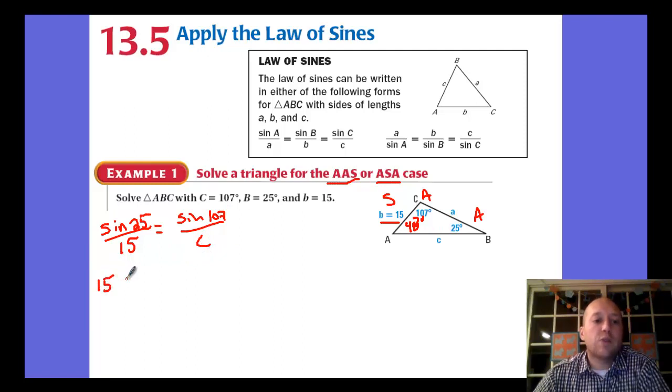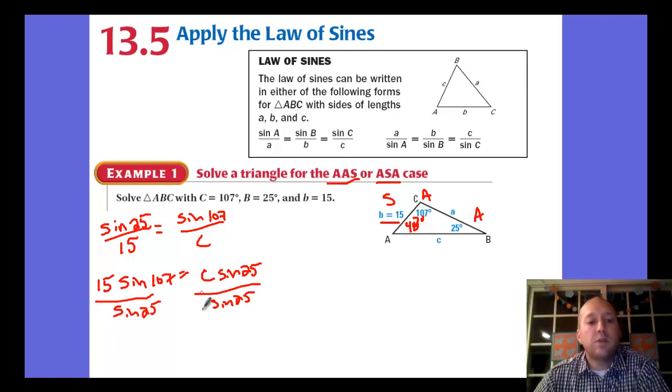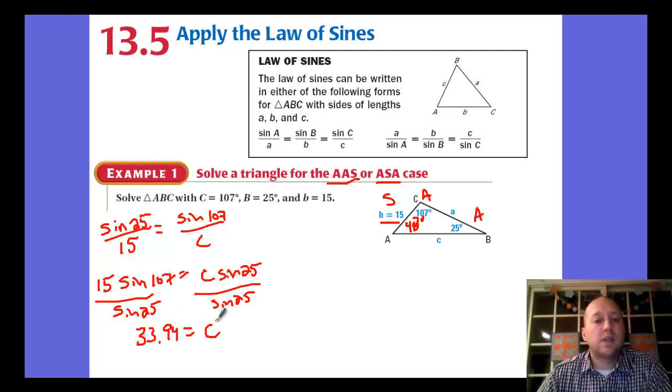So write out your cross product. 15 times the sine of 107 equals c times the sine of 25, and then divide both sides by the sine of 25 to isolate c. Now try plugging this in to make sure you get the same value I get for c. We should find a value of 33.94 is length c.